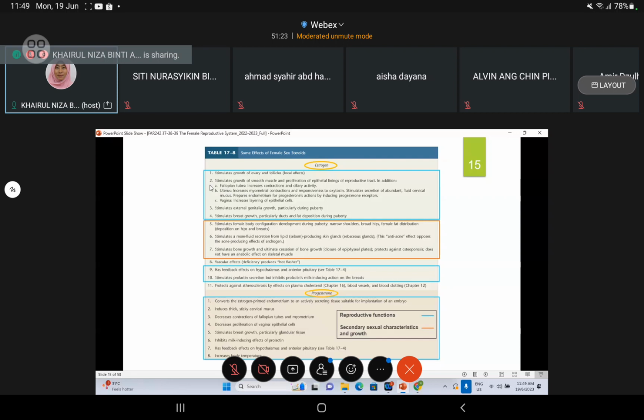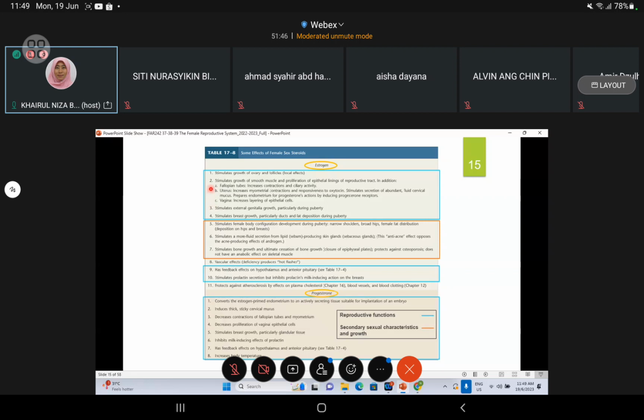Okay, follicles are the cells surrounding the oocyte. It also stimulates growth of smooth muscle and proliferation of epithelial linings of the reproductive tract. Okay, so that means it is involved in the growth of the cells within the fallopian tubes, uterus, and vagina.